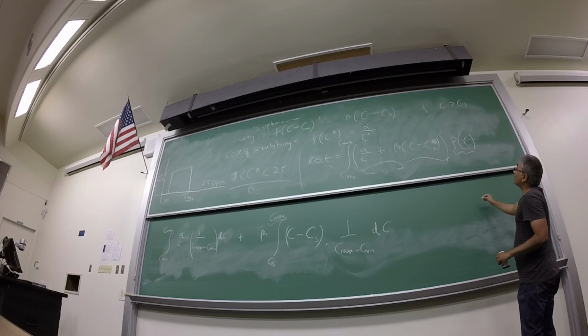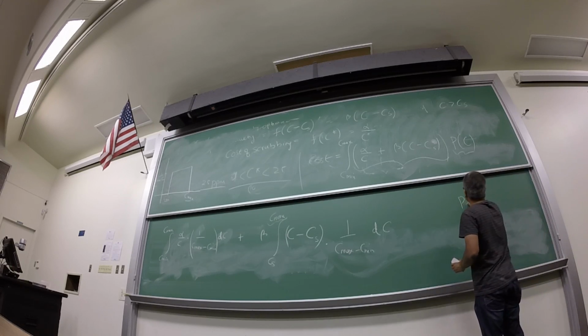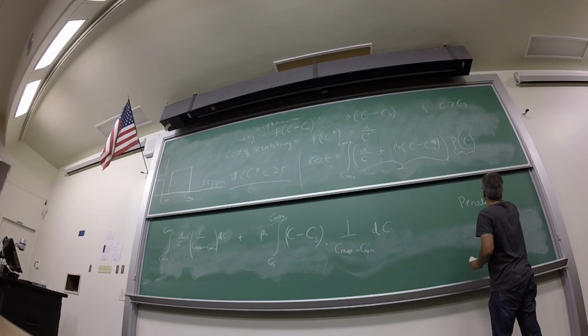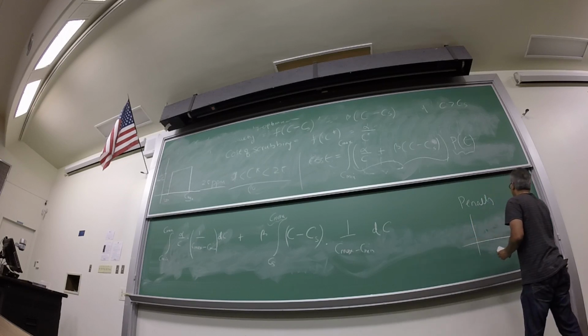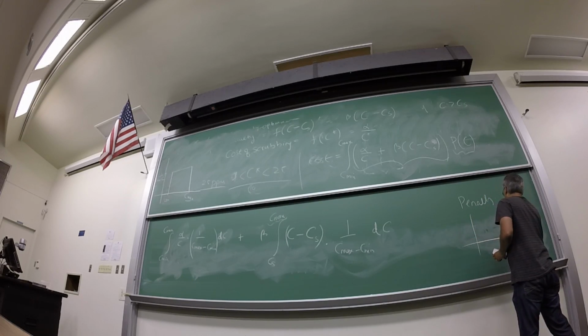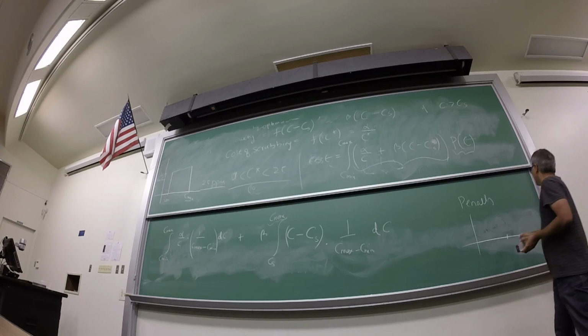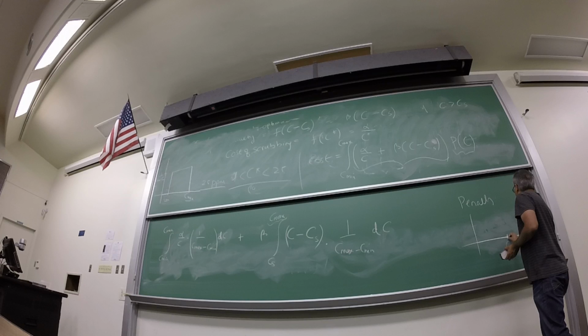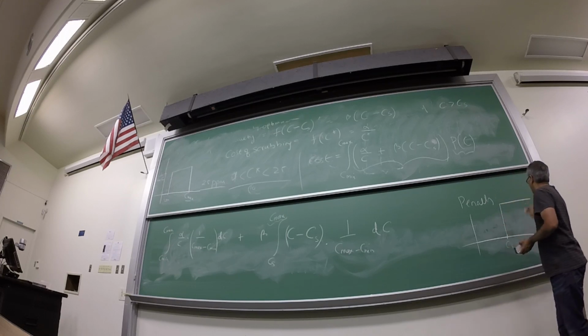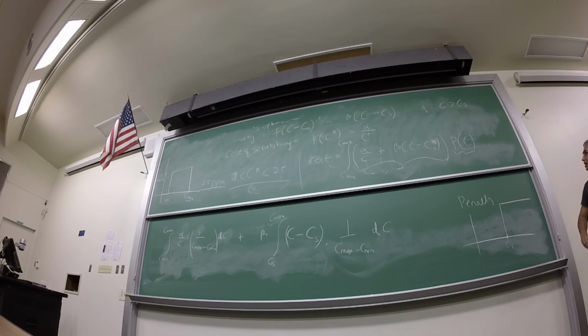And this penalty function, let's look at the penalty because the penalty is actually important. The penalty is 0 up to C star. So this is Cs, right? So this is actually the penalty function.